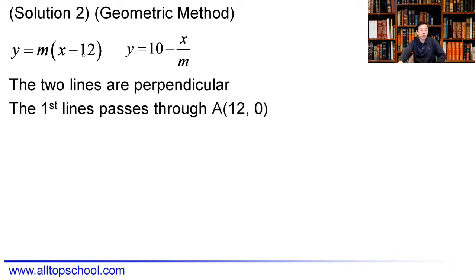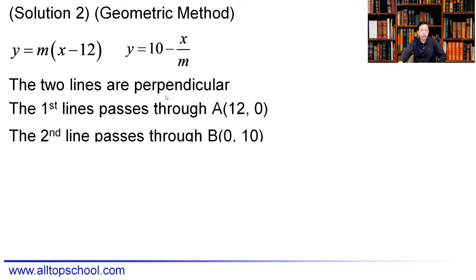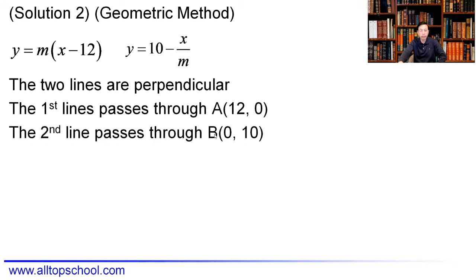The first line obviously passes through the point 12, 0. We call this point A. And then the second equation passes through 0, 10. We call this point B then.